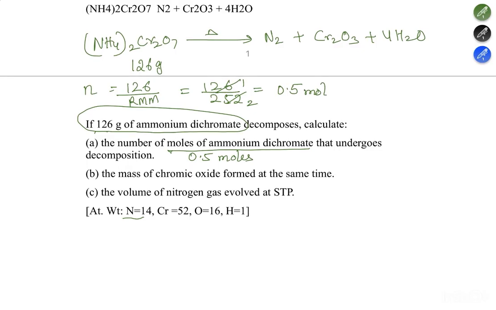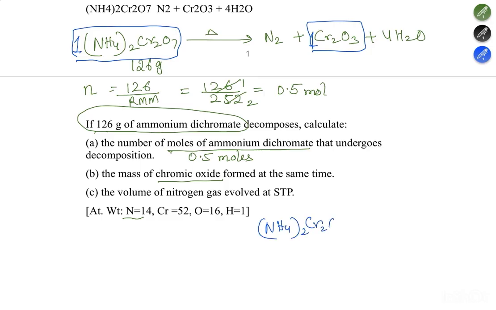Second question, they are asking about chromic oxide. Chromic oxide is my product. Now if they have given the ammonium dichromate and they are asking for chromic oxide, you have to see the balanced equation mole ratio. Looking at the balanced equation, 1 mole of ammonium dichromate produces 1 mole of chromic oxide. So the ratio of ammonium dichromate to chromic oxide in my balanced equation is 1 mole to 1 mole.